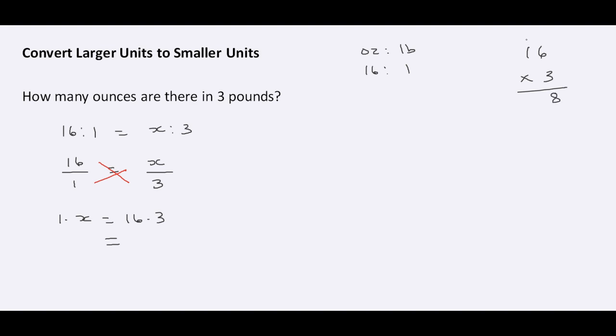You write 8, you bring up 1. 1 times 3 is 3, plus 1, we have 4. So x multiplied by 1 is x. This is going to give us 48. So what this tells us is that 3 pounds is equal to 48 ounces.